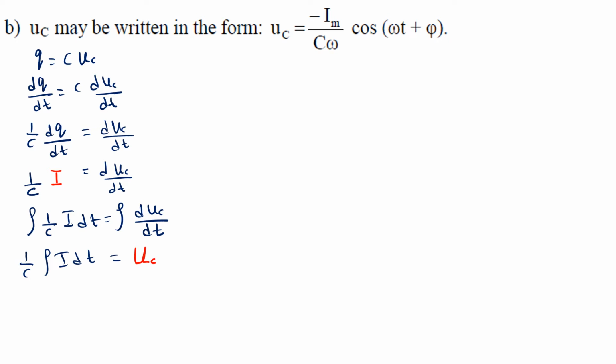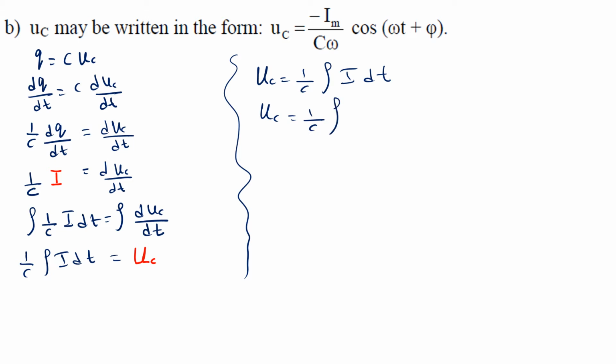So we got UC is equal to 1 over C integral of i dt. So UC is equal to 1 over C integral of the form for i that we got, which was Im sine of omega t plus phi, dt.